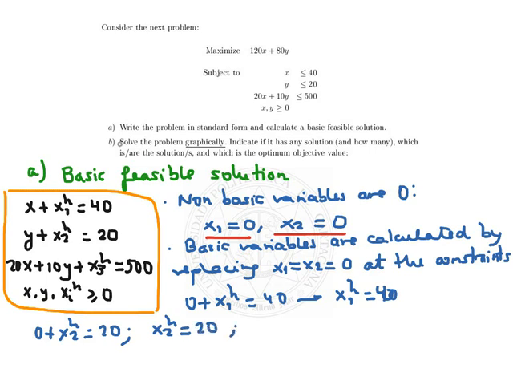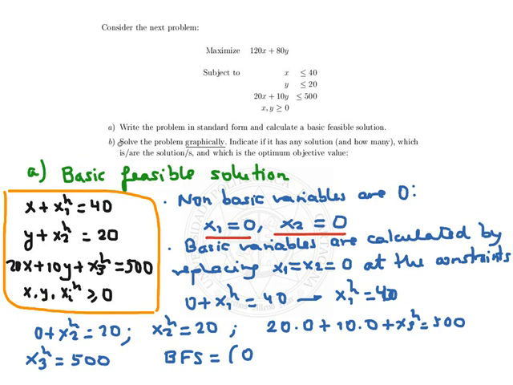And finally, in the last one, 20 times 0 plus 10 times 0 plus x3h is 500, so x3h is 500. So the final answer is that a basic feasible solution is 0, 0, 40, 20 and 500.